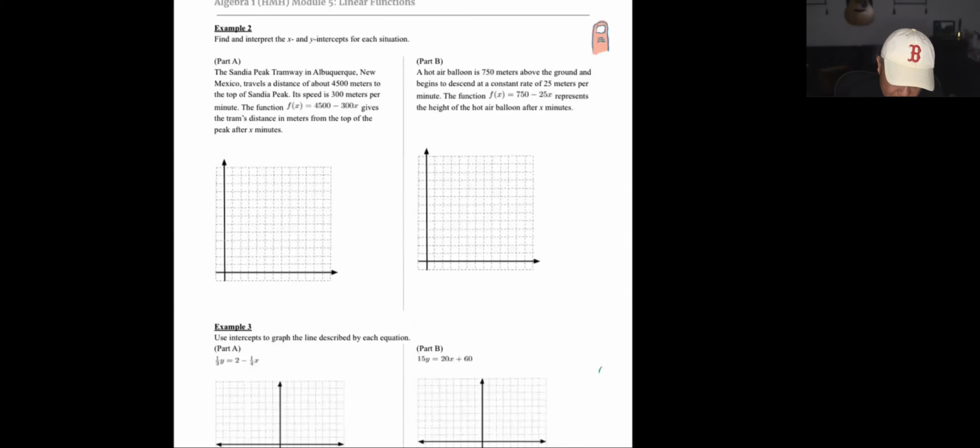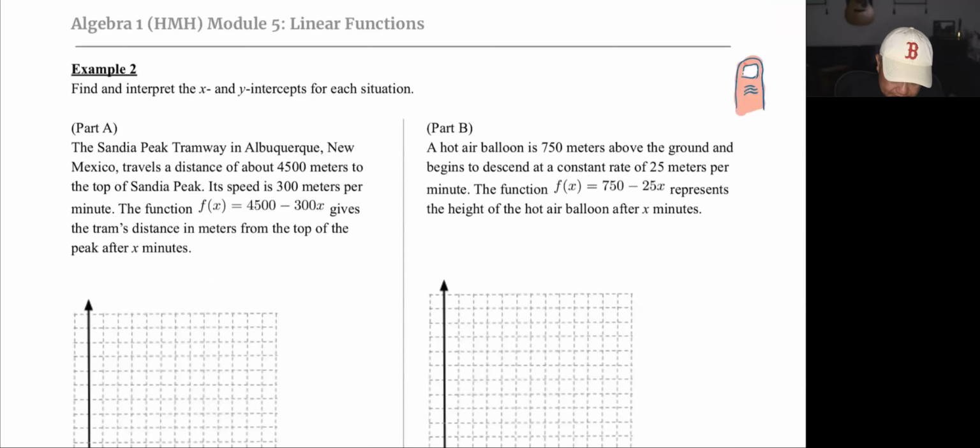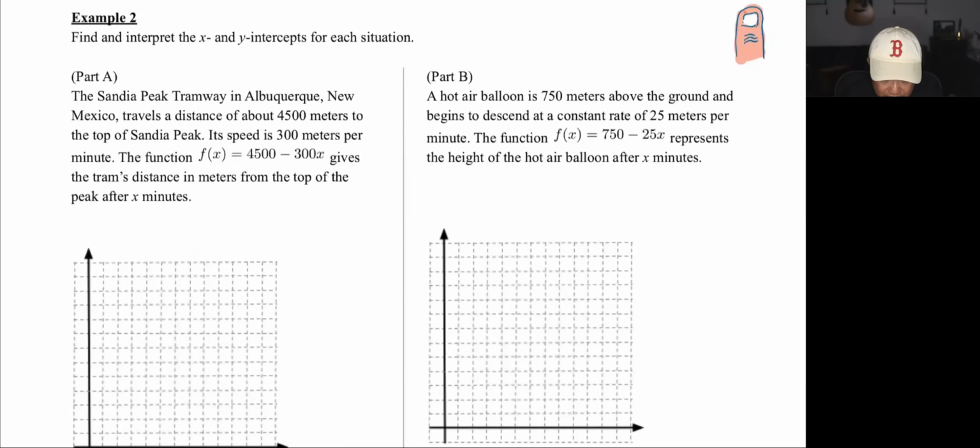Yep, there it is. All right, so find and interpret x and y intercepts over here, right? Ooh. Maybe in class. So there's a find, that is 1, and that is interpret right there. So we're going to be careful.